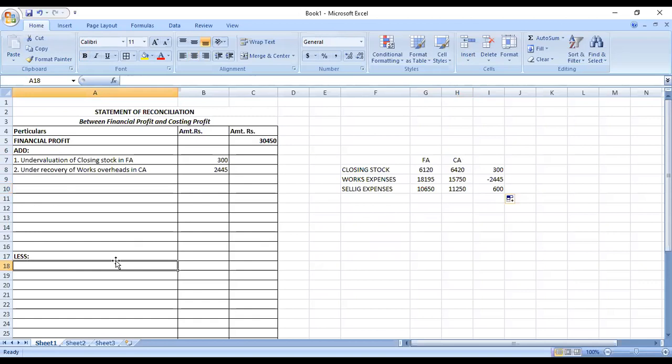And that is in other terms for recording purpose, that is called as over recovery of selling overhead in cost accounts. Okay, तो सेलिंग ओवरहेड हो गया.